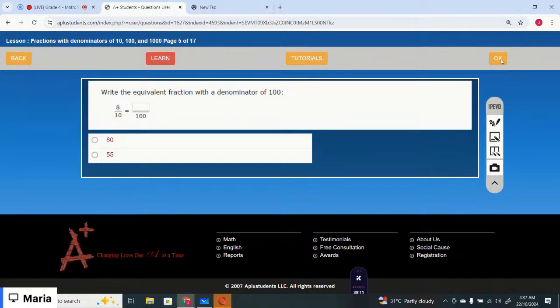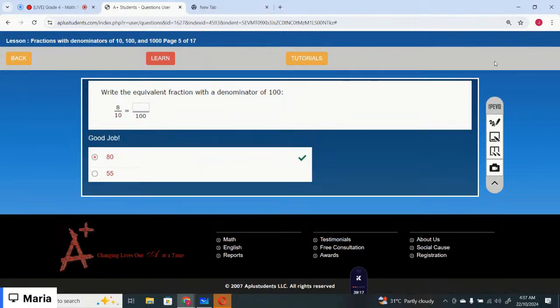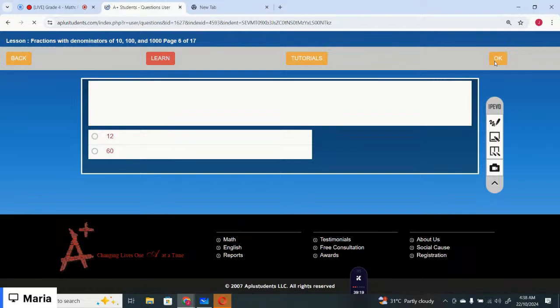The correct option is 80 over 100. Option number 1 is the correct option. Write the equivalent fraction with the denominator of 100. So which is the correct option?